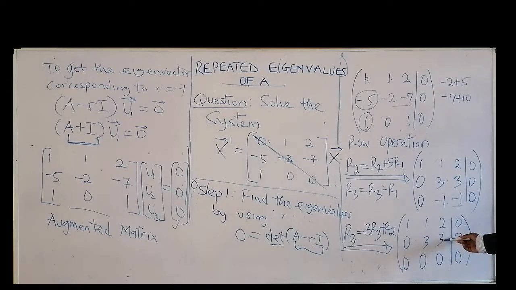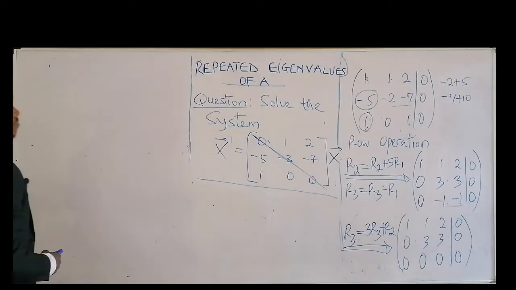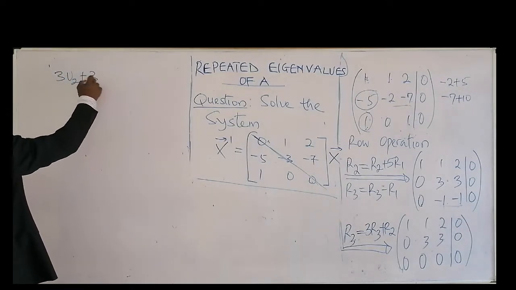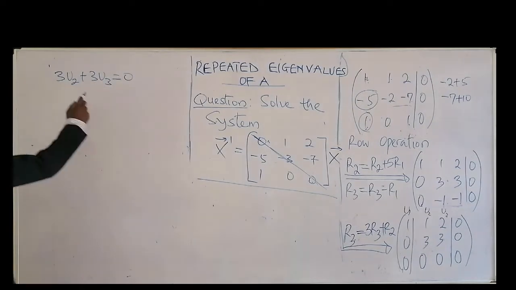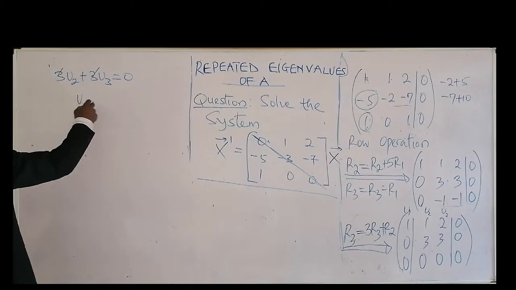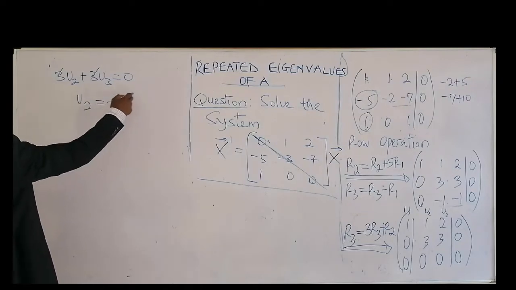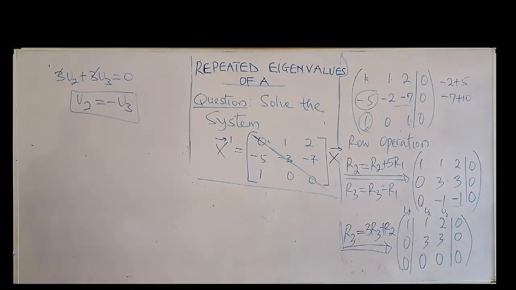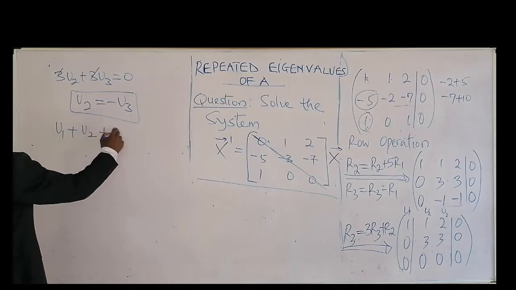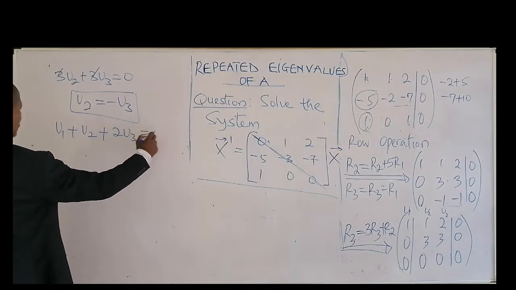I can use row 2 and row 1 to get the eigenvector. From the second row, we have 3u2 plus 3u3 equal to 0. So u2 now, 3 cancel, 3 cancel, so u2 is equal to what? Minus u3. Just note that. Then go to the first row. That will be u1 plus u2 plus 2u3.